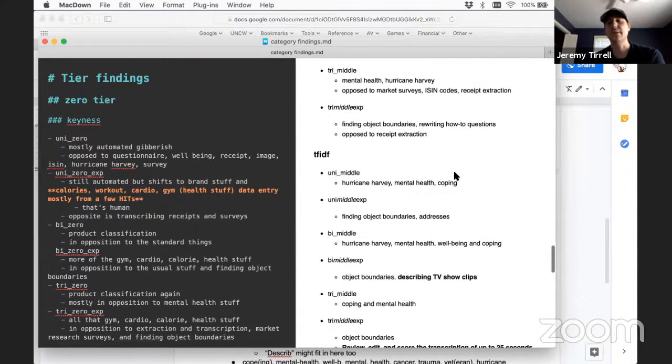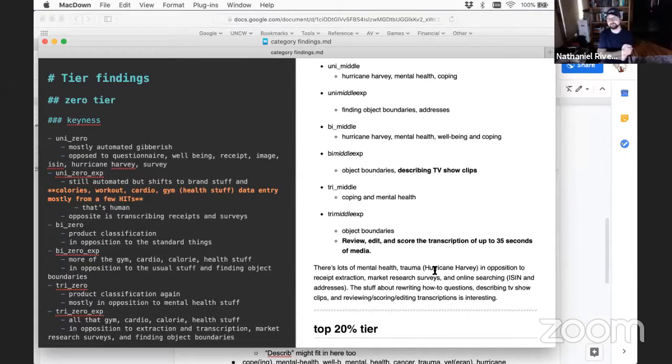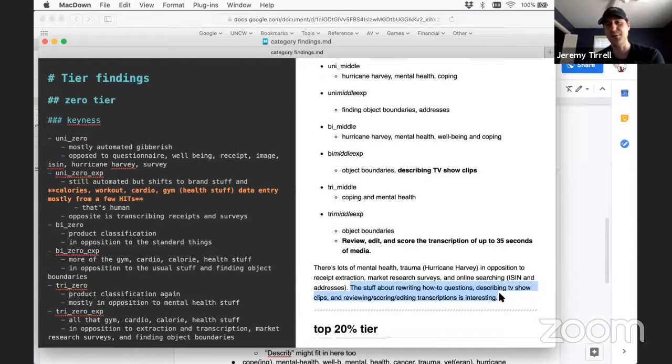It's interesting because it asks for this synthesis task that is, in a certain frame, sophisticated. Asking people to rewrite how-to questions, you need people to do that. Or this other thing popped up here about describing TV show clips.